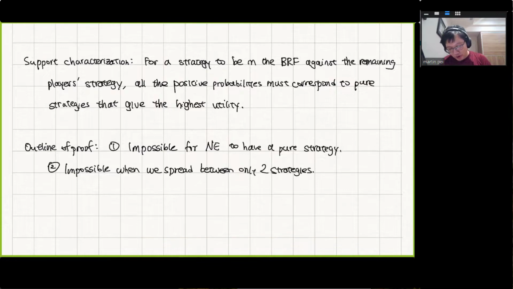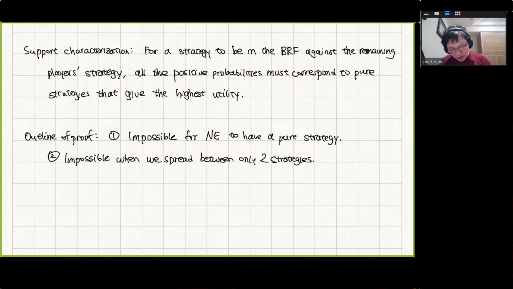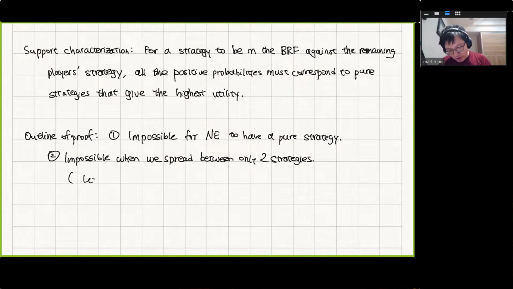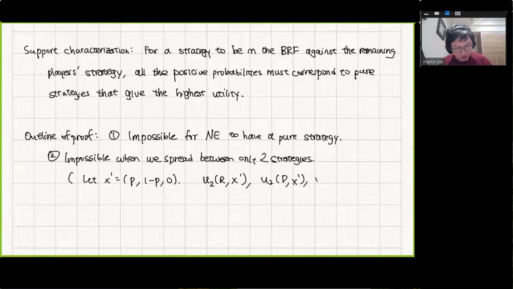If you want to prove this, you will say something like: let x1 be, say, p, 1 minus p, and 0. You calculate the utility of player 2 of playing rock, paper, and scissors, and show that there is a contradiction somewhere in there.